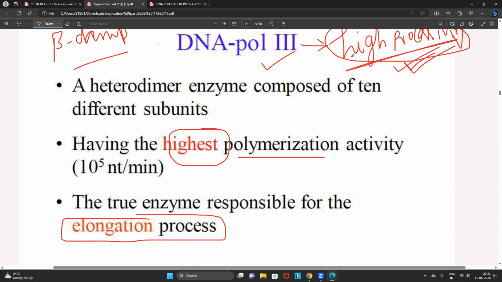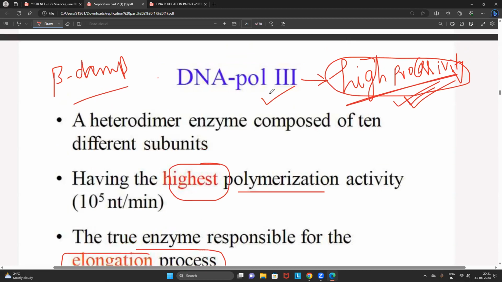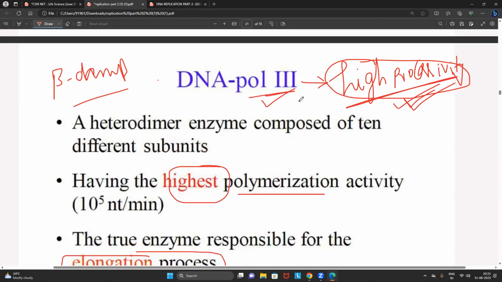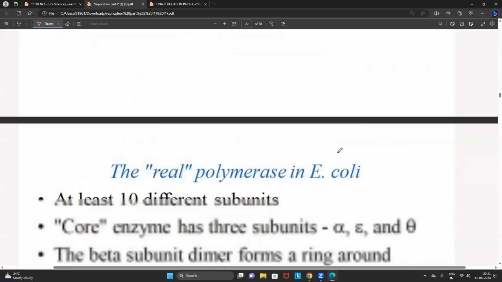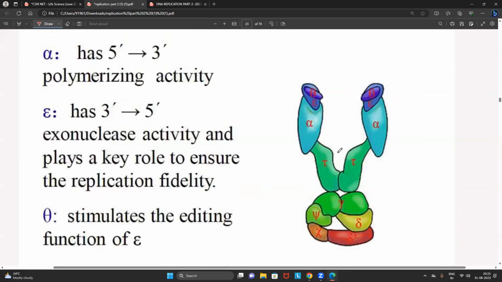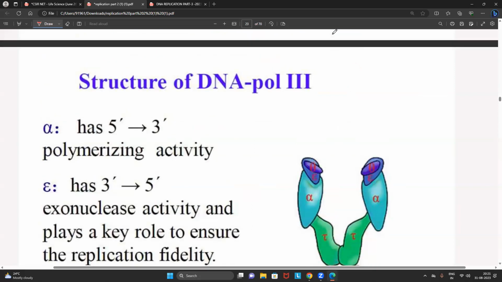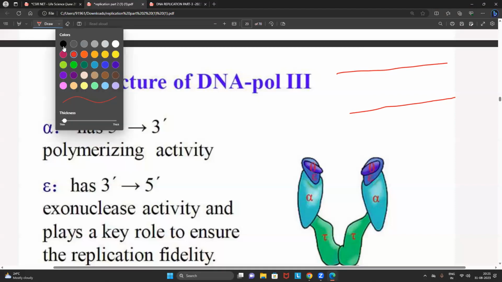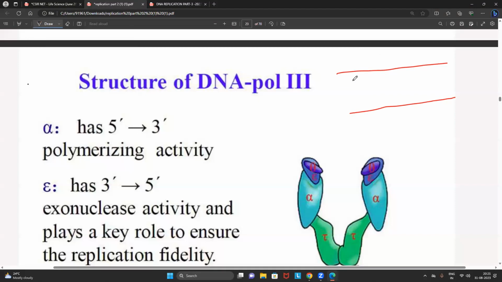I told you, right? DNA polymerase 3 enzyme has how many subunits? It has 10 subunits. All the students, look into this beautiful picture. This is a very important statement. This is one parent strand. This is another parent strand. Both parent strands are separated and giving rise to the daughter strands.